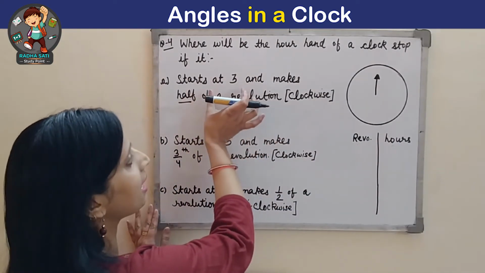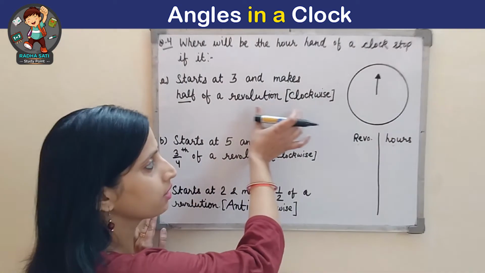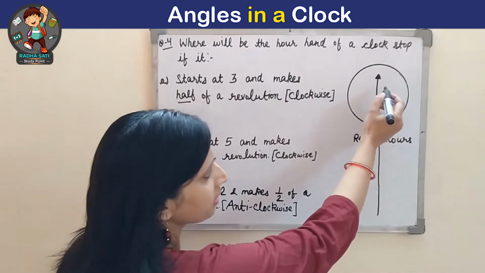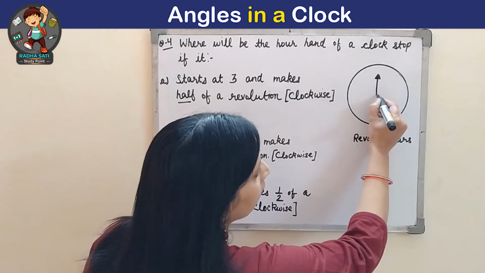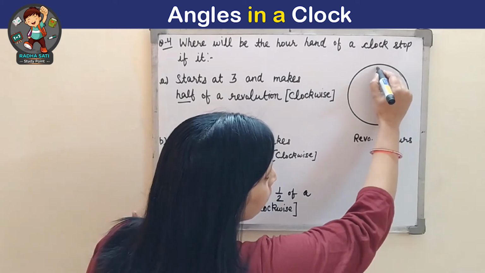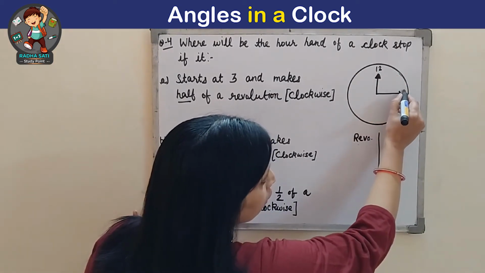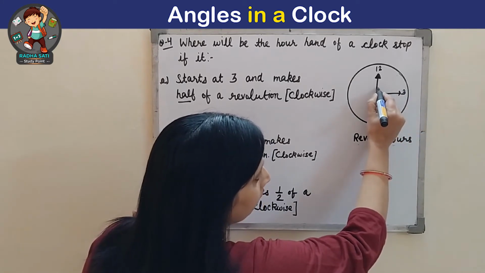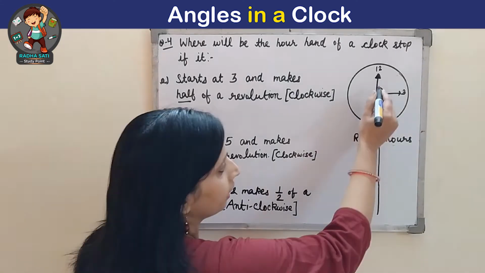The hour hand starts at 3 and makes half of a revolution clockwise. For example, in this clock, this is the hour hand. So this hour hand, if it will move from 12 to 3, so in 3 hours, it will make 1/4 of a revolution.